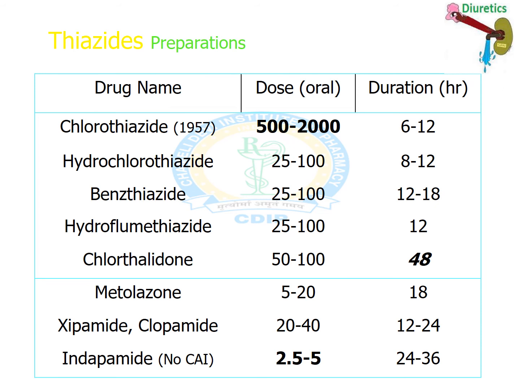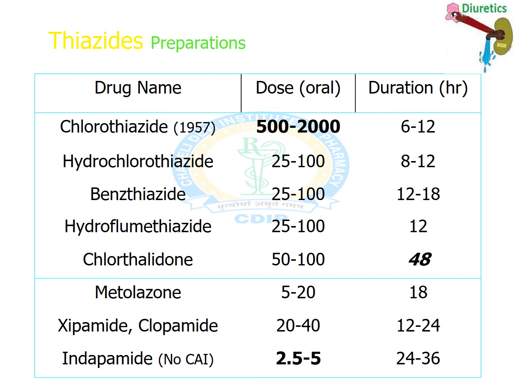The preparations are chlorothiazide, hydrochlorothiazide, etc. The usual dose of chlorothiazide is 500 to 2000 mg orally, and duration of action is 6 to 12 hours. Benzthiazide 25 to 100 milligrams orally, with 12 to 18 hours of duration of action.